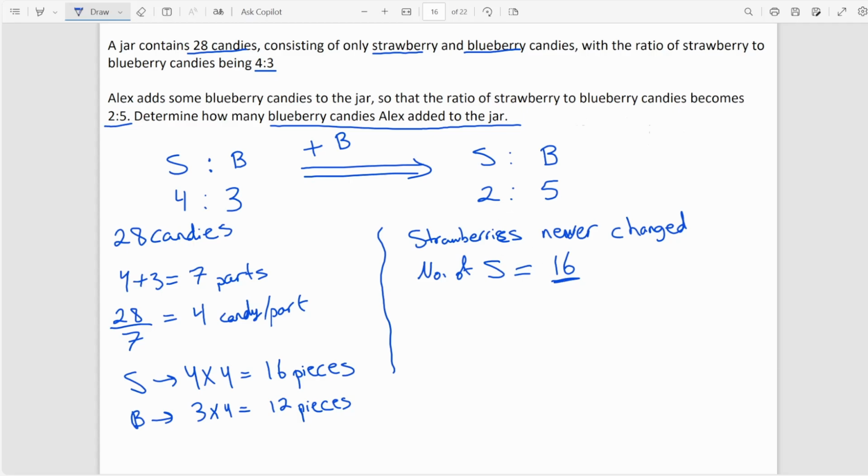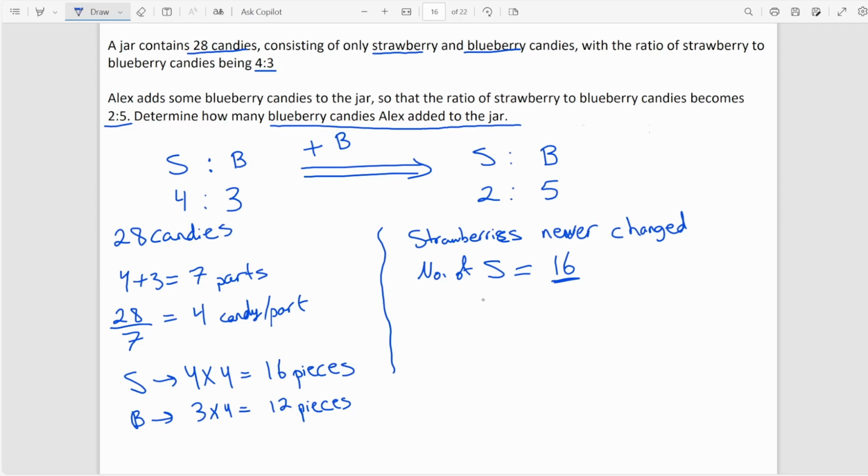So now I have a ratio question where I actually know that the strawberries are 16 pieces. I can use this to figure out how many candies each part represents in this ratio, because how many candies each part represents here differs from how many candies each part represents over here.